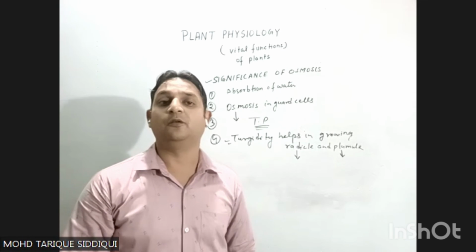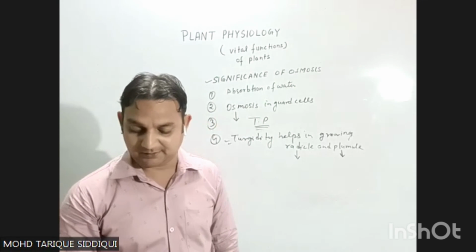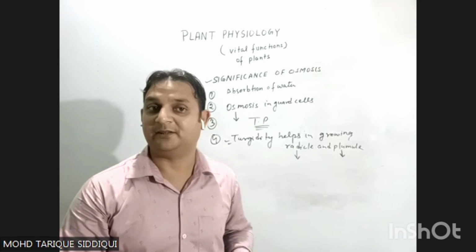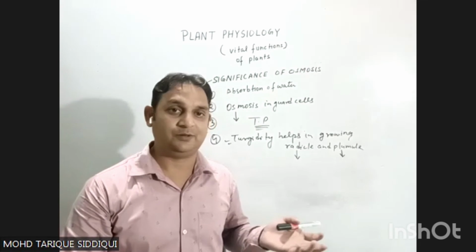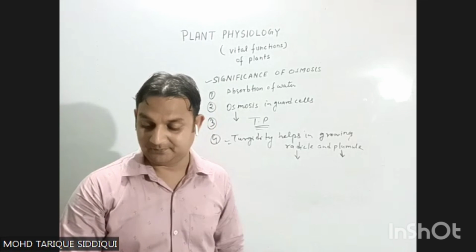Next, we will go for plasmolysis and deplasmolysis, and there we have many reason-based questions. Excess sugar is added to jam and jellies. Excess salt is added to pickle.